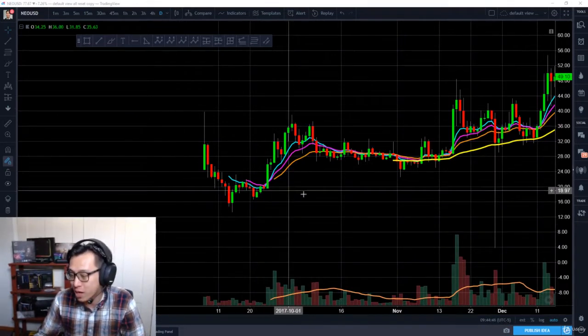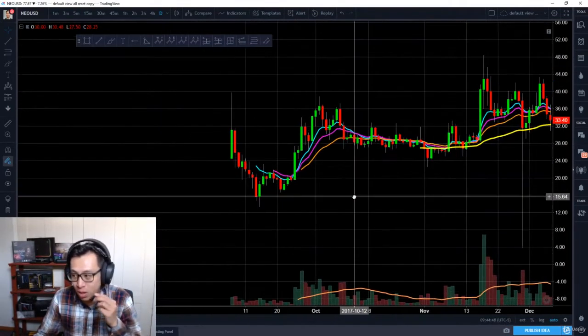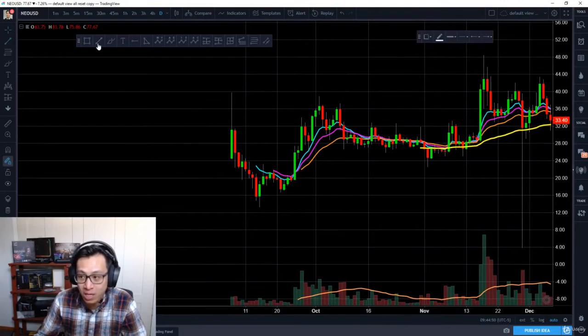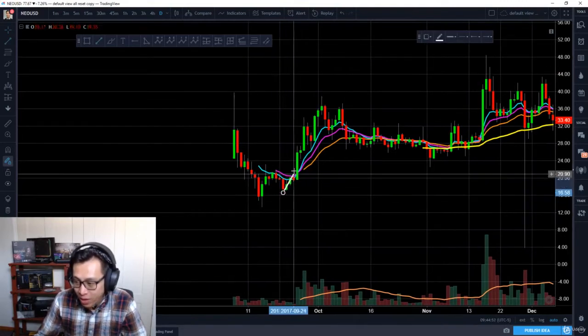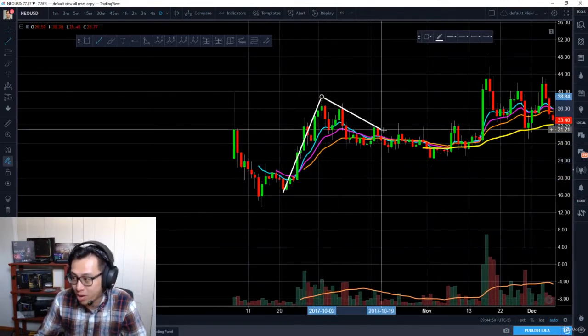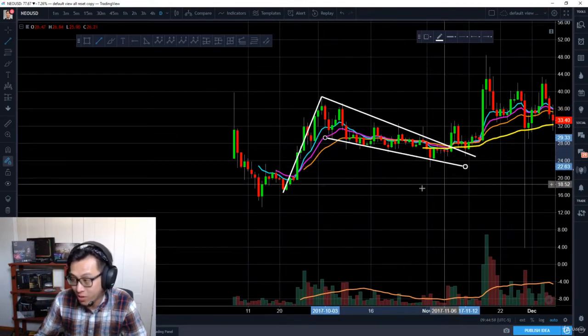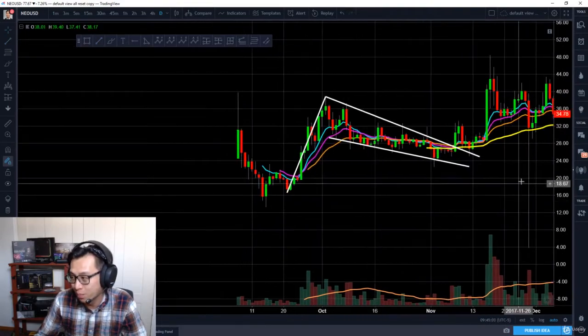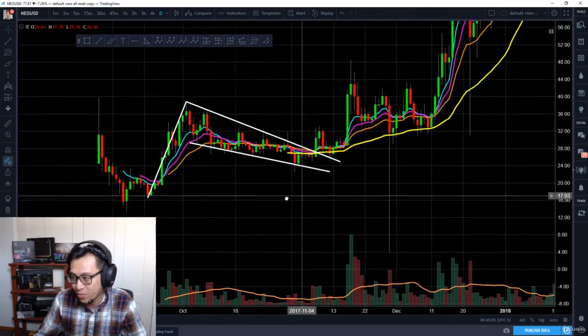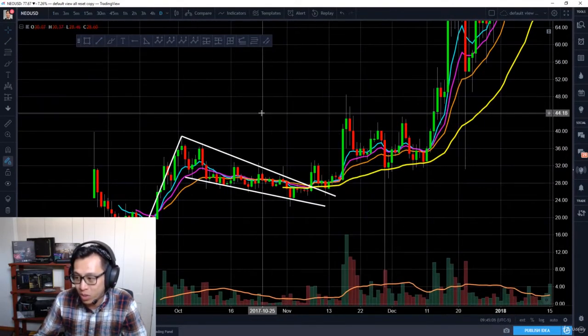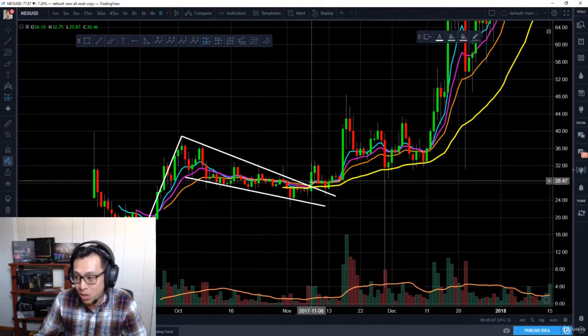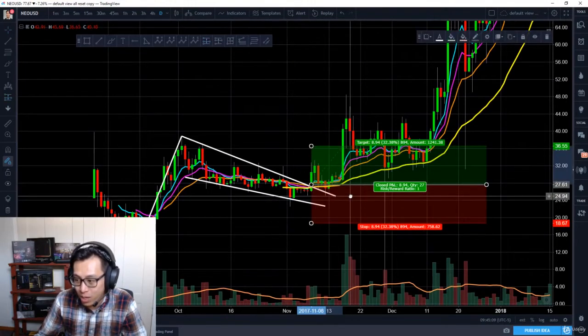Let me show you guys, just as an example as well, how accurate a flag can actually be, okay? So the flag here started right around there. I'm sure we can all agree on that. And here's the very, very long flag itself that extended pretty far, right? So what you guys want to do is when it breaks out, you want to buy on the breakout, right?